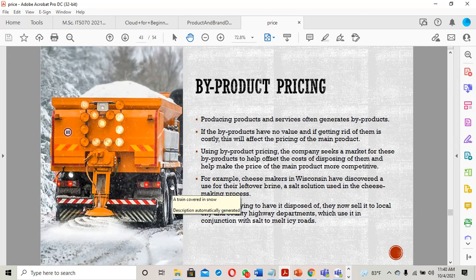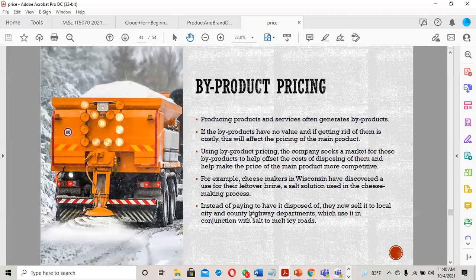So before people start taking out their cars and going for their jobs, there is a city or county vehicle that is going to drop some salt onto the roads to make the snow melt before people start to bring their vehicles to the road.